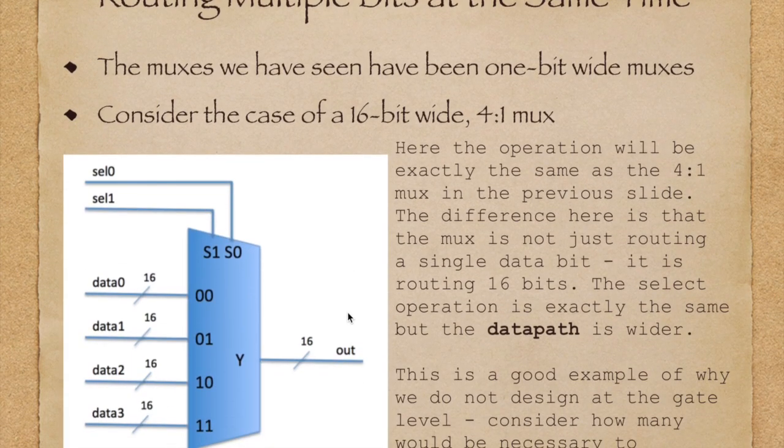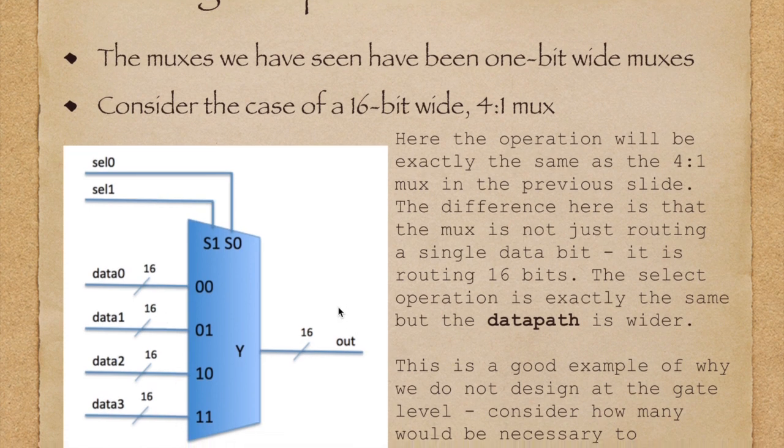It's possible to have a multiplexer that passes n bits at a time. In this case, this diagram is showing us again a 4 to 1 mux. We have our 2 select bits, select 1 and select 0, giving us the 4 patterns, 0 0, 0 1, 1 0, 1 1.